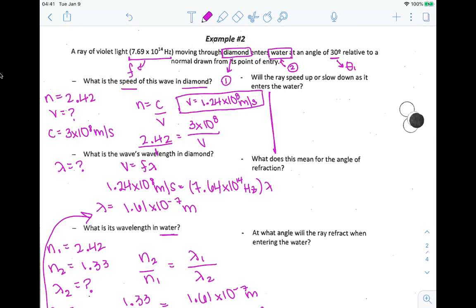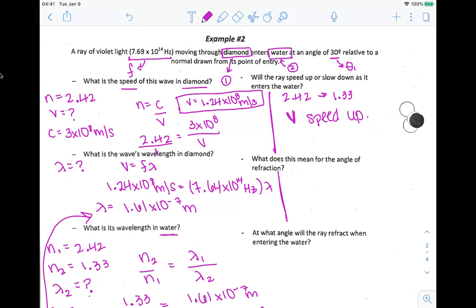Next, will the ray speed up or slow down as it enters the water? Well, I'm going from an index of 2.42 to 1.33, which means that it's much less dense. And if it's less dense, I know that my speed is going to speed up. What does this mean for the angle of refraction?